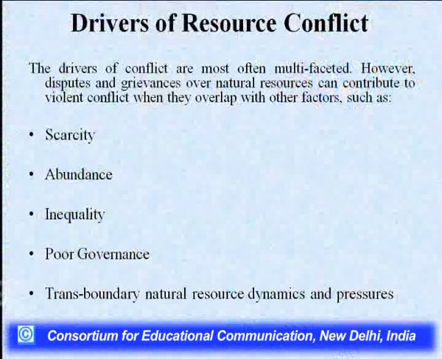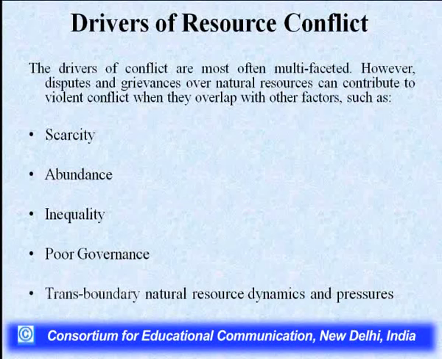The most important driver of resource conflict is the scarcity of the resources. If the supply of a particular commodity is not there, that will lead to scarcity of the resources.